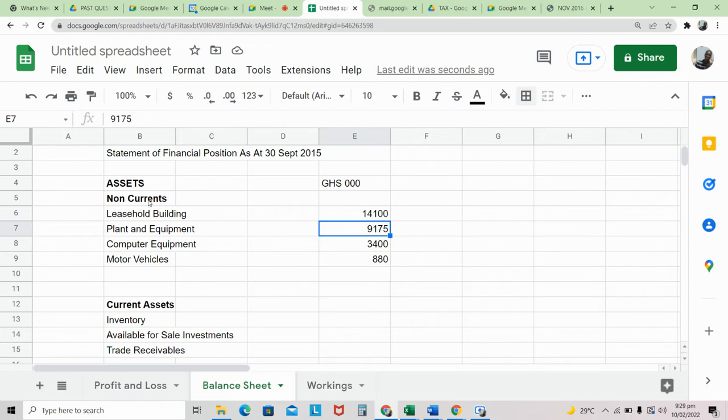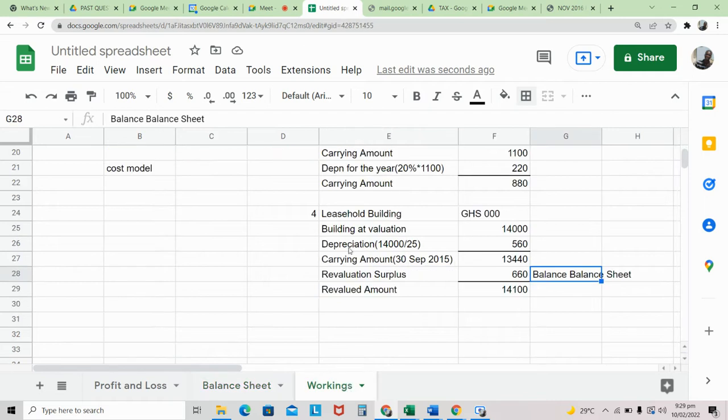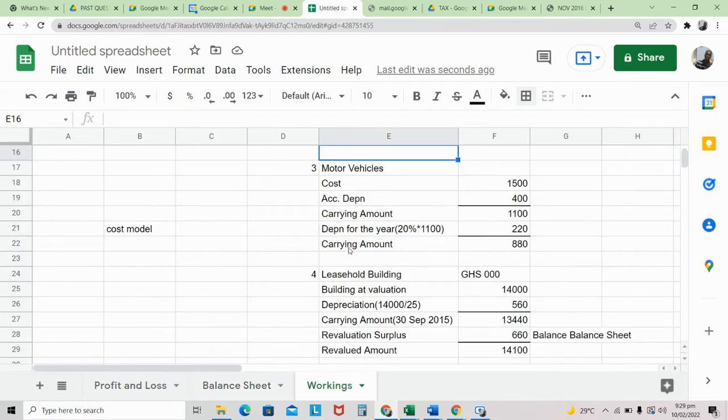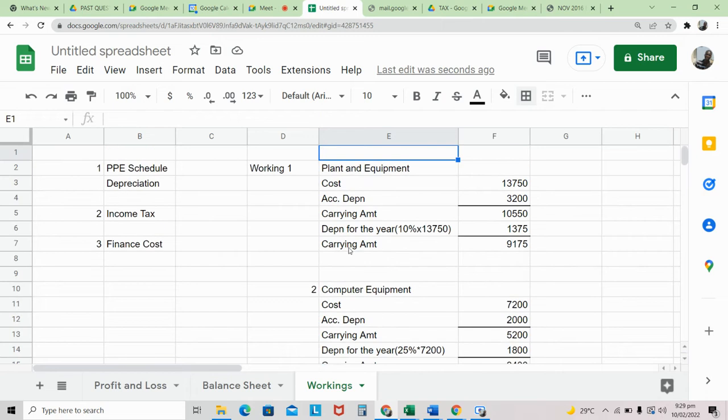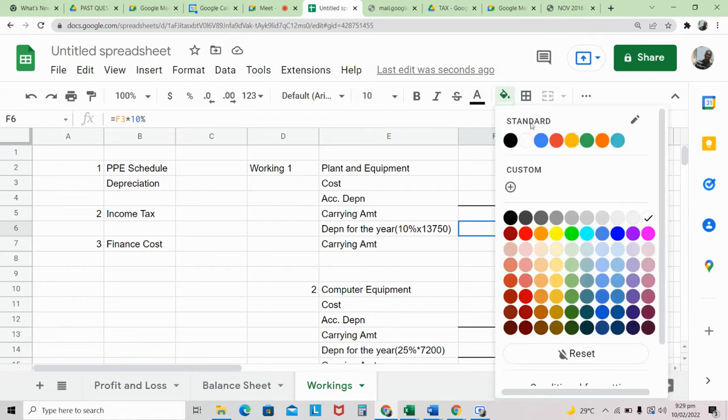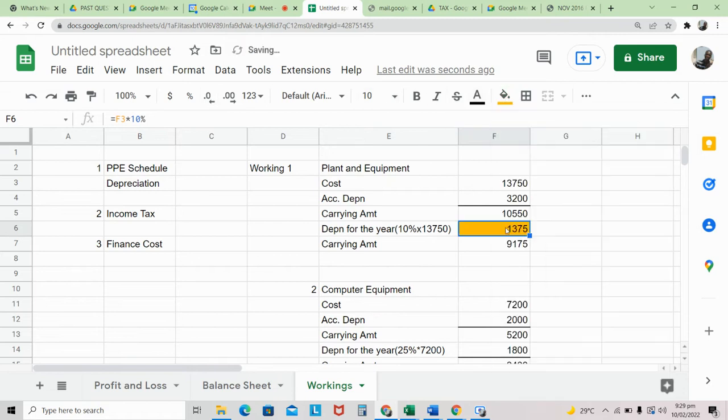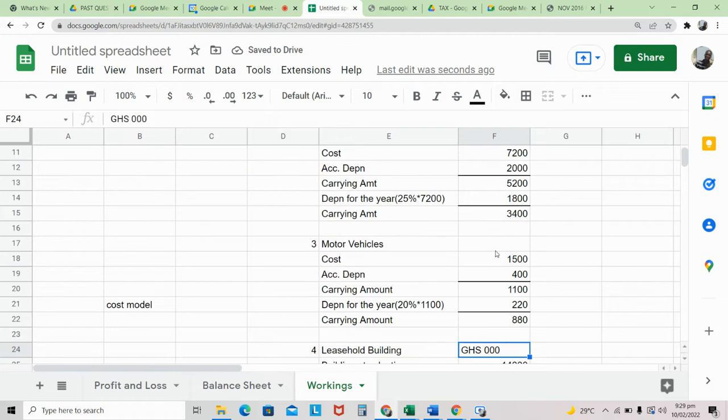So you can see that we are done with our non-current assets. By doing those workings, we will be able to find our depreciation for the year. This is depreciation. This is also depreciation.